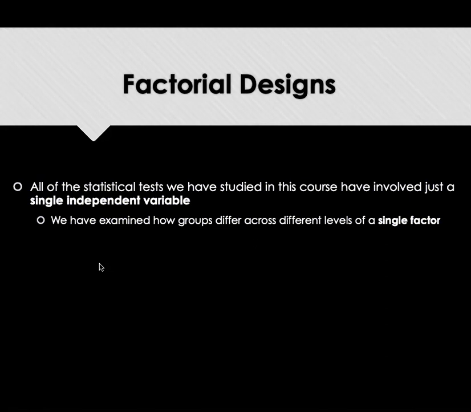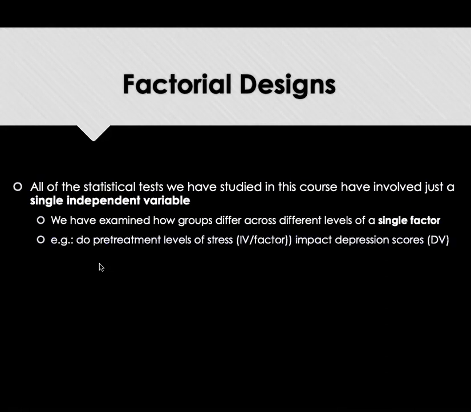We've looked at the levels of a single factor of treatment type, for example, art therapy and play therapy and cognitive behavioral therapy. Here's another one. Do pre-treatment levels of stress impact depression scores? And the levels of stress could maybe be low, medium, and high.